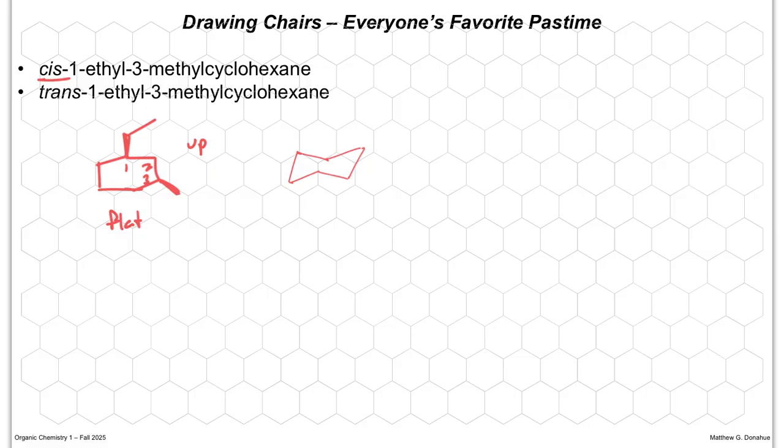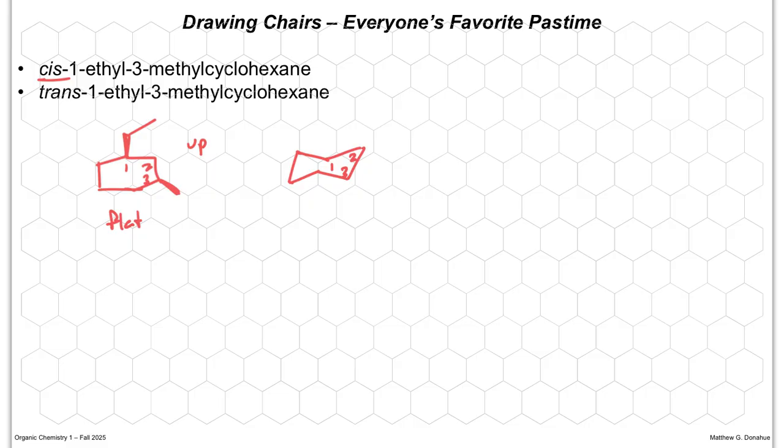So we'll just draw a cyclohexane. And to keep consistent with the prior lecture, I'll put this carbon here as 1, that's 2, and then that's 3.